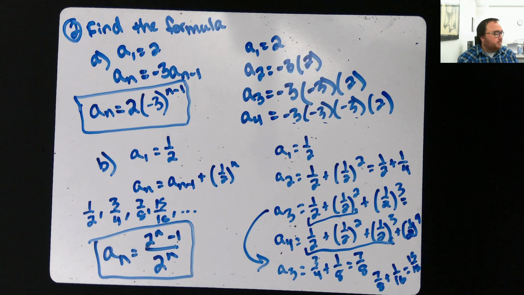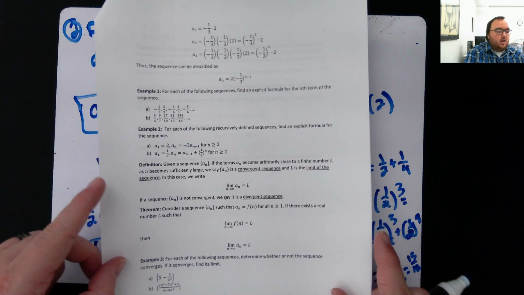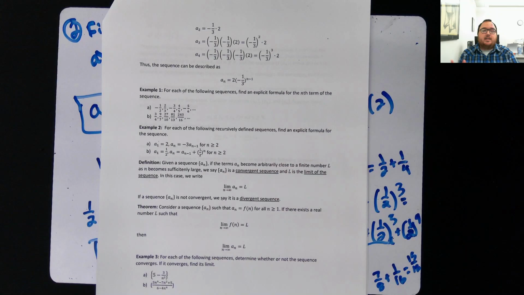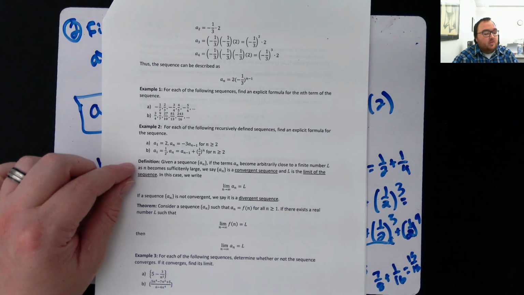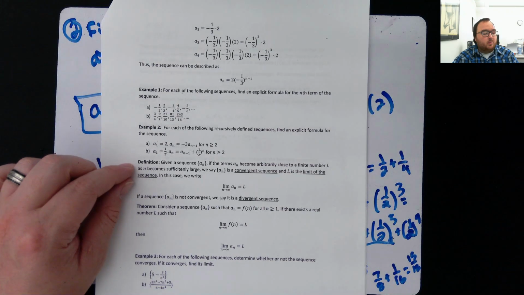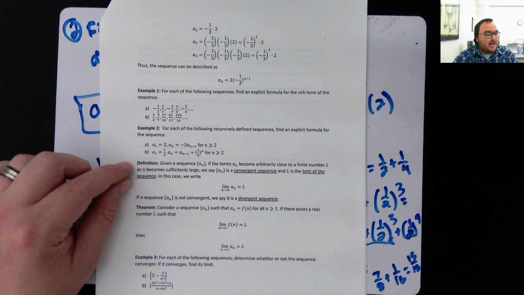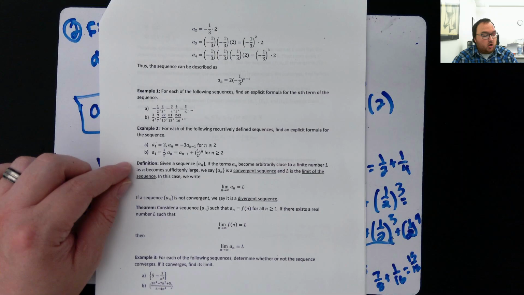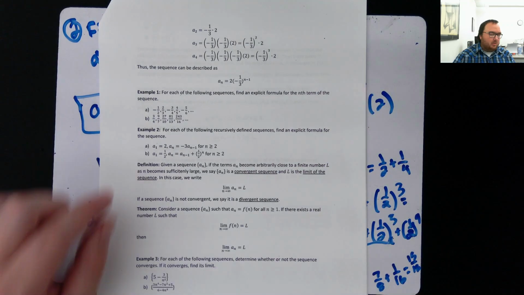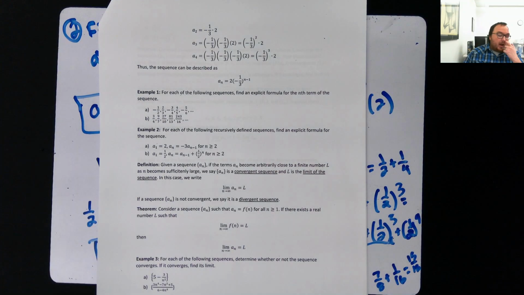All right, so now let's look at something. We're going to relate a concept we already know to this, okay? Given a sequence a(n), if the terms a(n) become arbitrarily close to a finite number L, as n becomes sufficiently large, we say a(n) is a convergent sequence and L is the limit of the sequence.